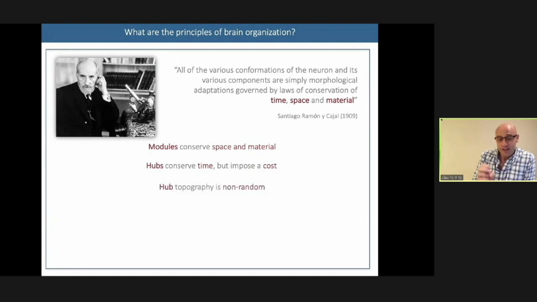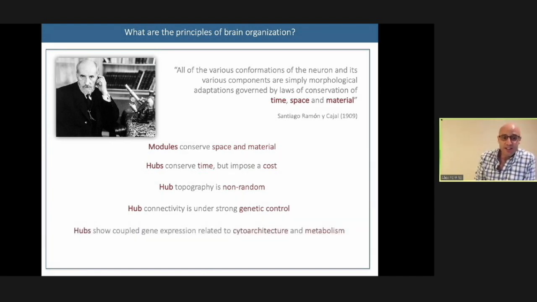The topography of hubs, the spatial embedding of hubs, is not random in the sense that we can't reproduce it using existing stochastic models. And I've presented evidence to suggest that hub connectivity is under quite strong genetic control. So genetic influences are not distributed homogeneously throughout the brain, but they are most strongly concentrated on those costly and valuable links between hubs.